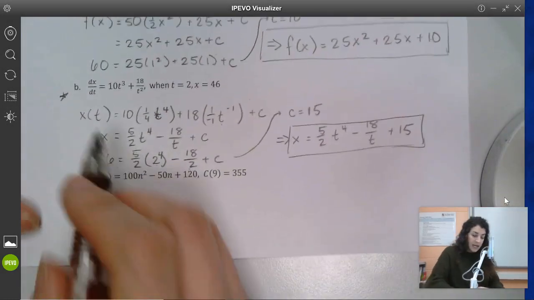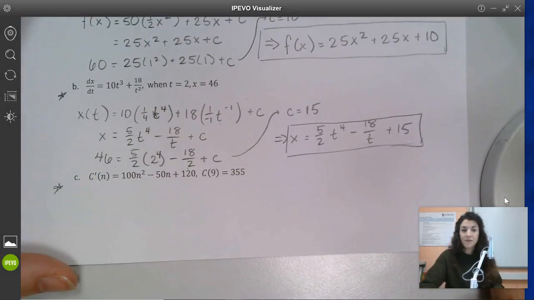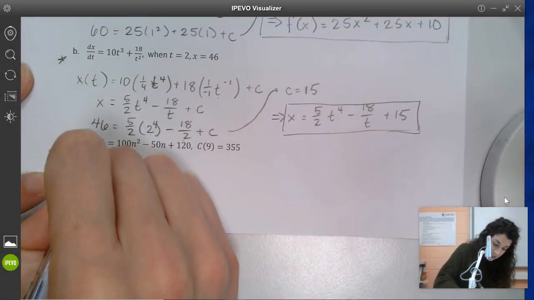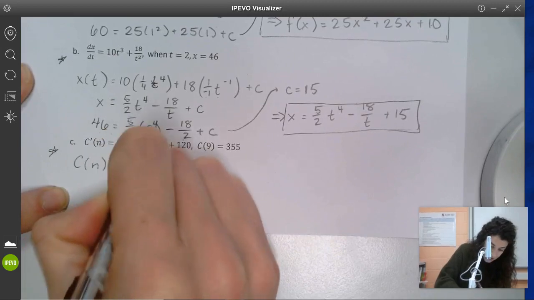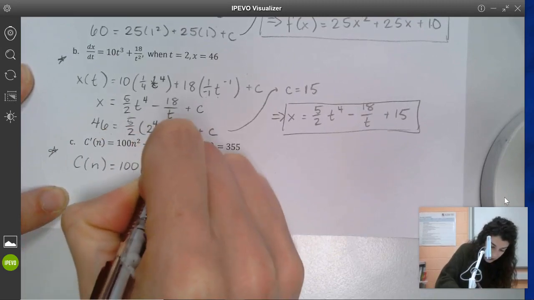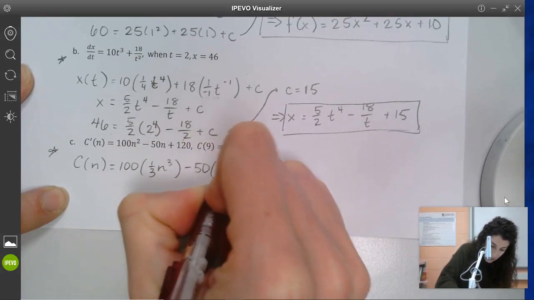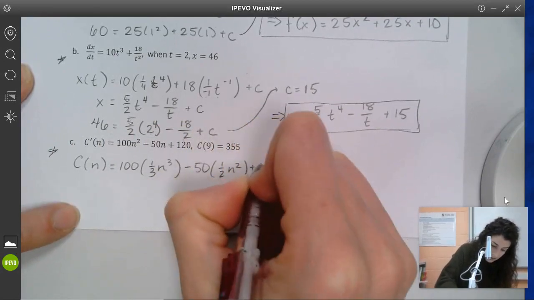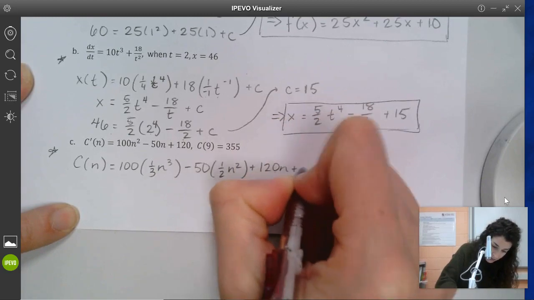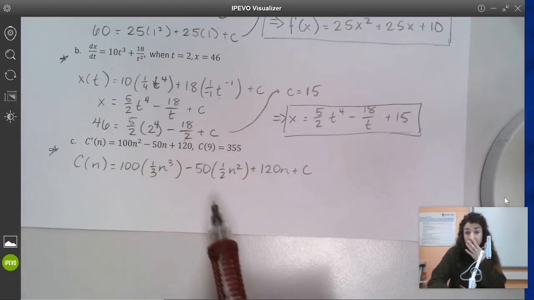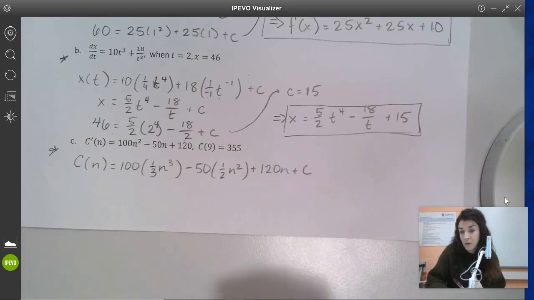All right, and do c on your own. Finding c of n, we get 100 times 1/3 n cubed minus 50 times 1/2 n squared plus 120 n plus c. I'm going to go ahead and plug in my point and simplify these coefficients at the same time. So I'm doing multiple things in one step.